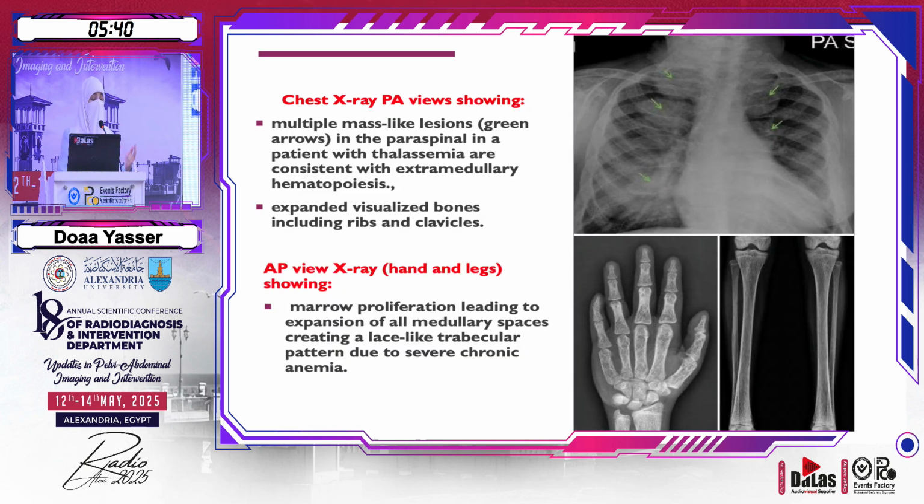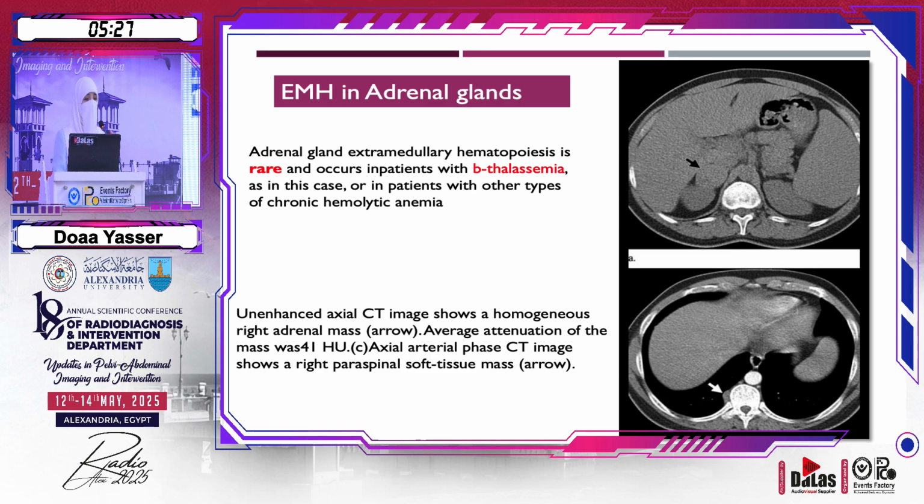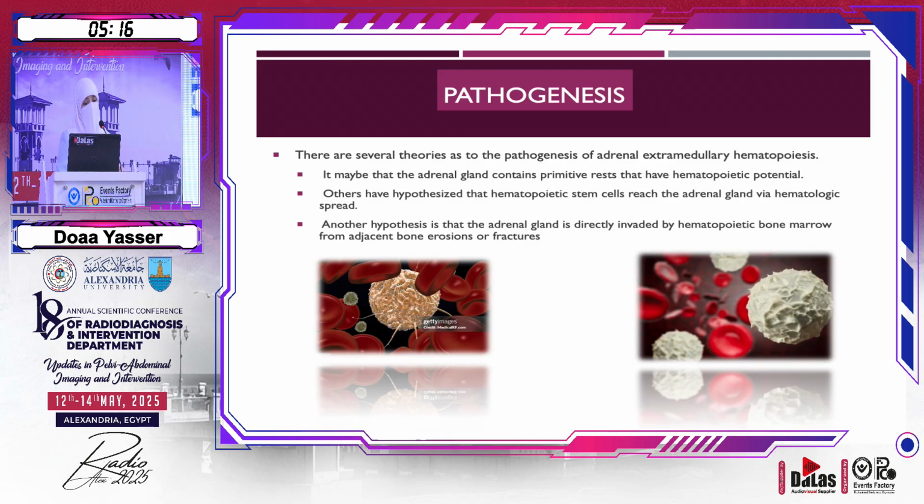That's to say that this chest X-ray is a totally normal one for a thalassaemic patient, with those posterior mediastinal paravertebral soft tissue opacities. What about the adrenal glands? Adrenal glands are a rare site for extramedullary hematopoiesis that's usually associated with patients with beta thalassemia.